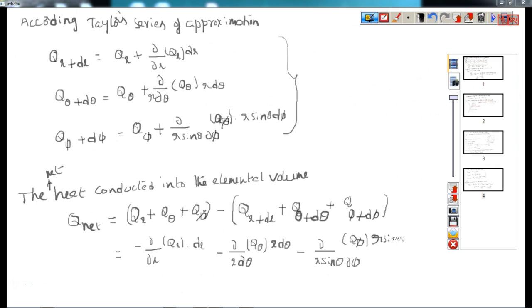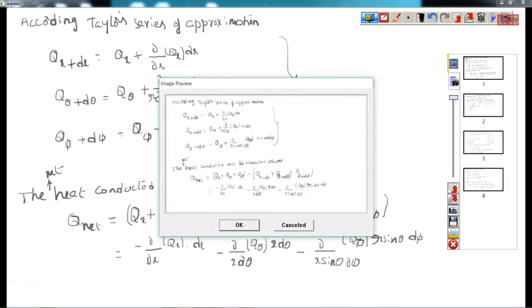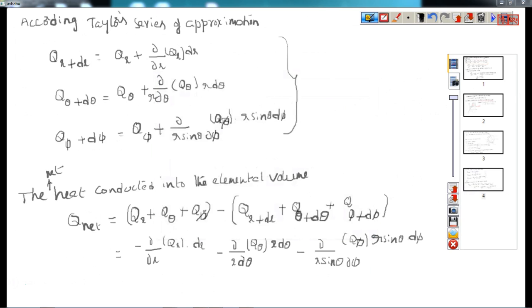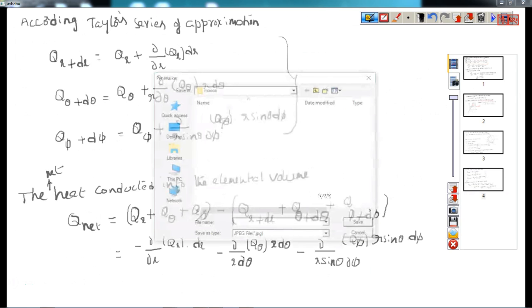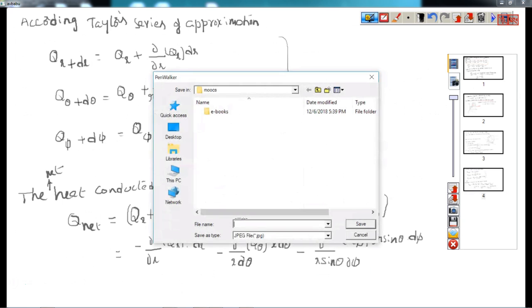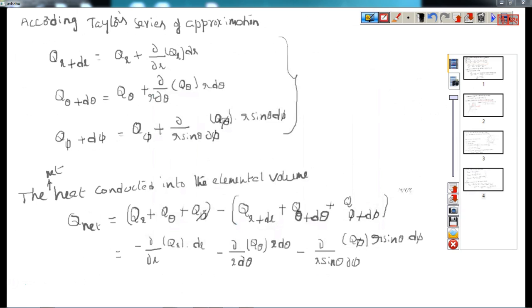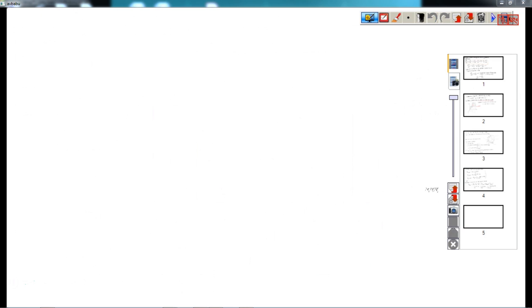Okay, right? Now next I'll go to the next slide. So first, step by step, I'll write it here in this fashion, how it is written.